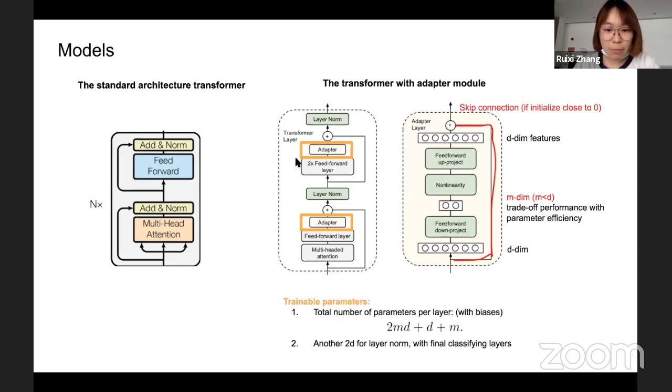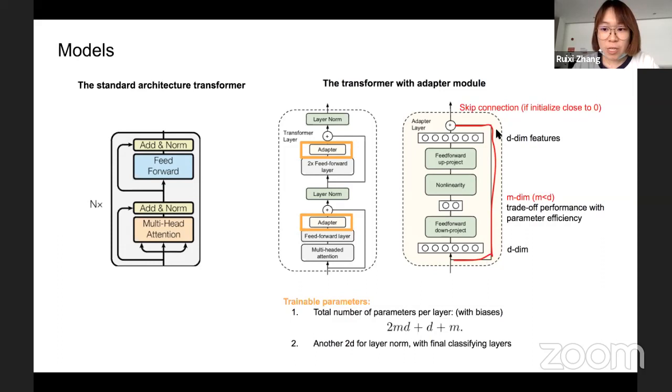These layers are put after the feed-forward layers and before the layer normalization. The adapter layer has a bottleneck structure: it projects high dimensional features into a lower dimension and then extends back to the original dimension.